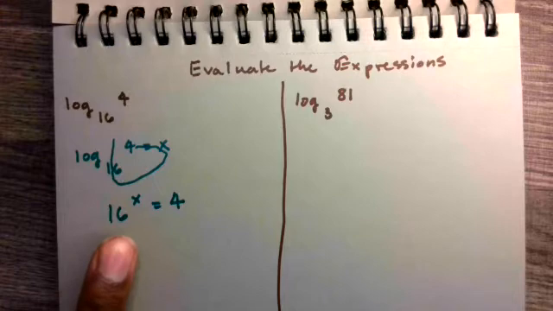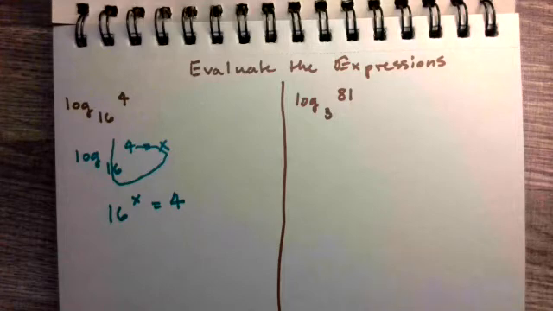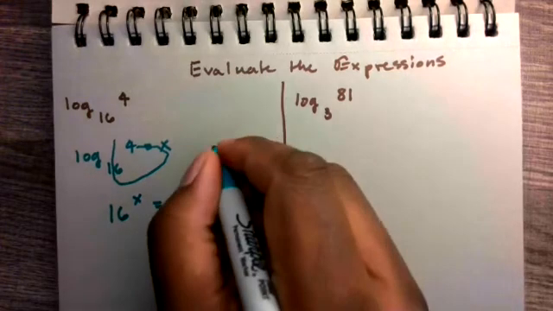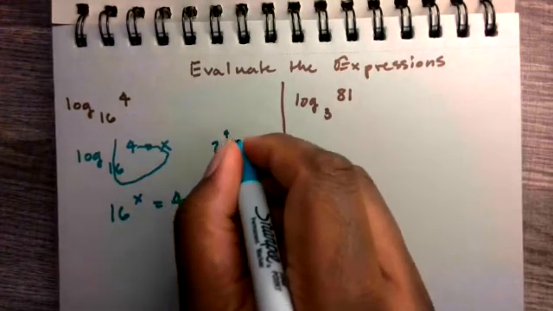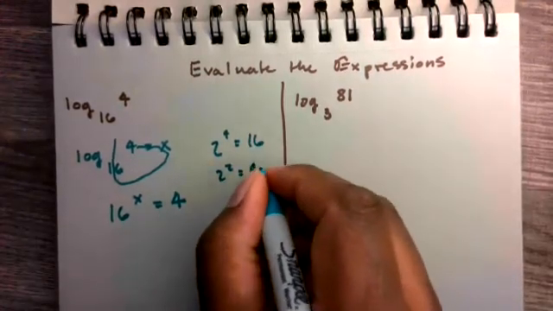We need to get 16 and 4 in terms of the same base. They could both be base 4 or they could both be base 2. I'm going to choose base 2 just to keep things simple. So I know 2 to the 4th power is 16, and I know 2 to the 2nd power is 4.